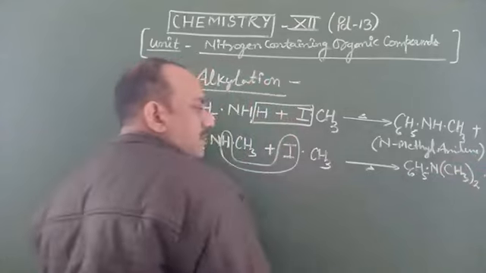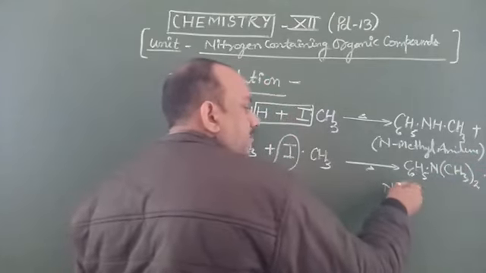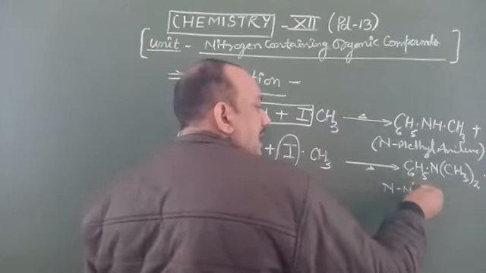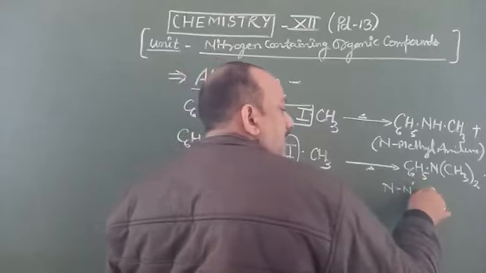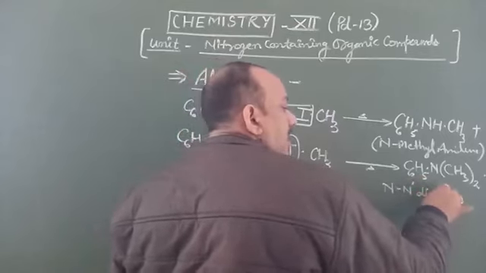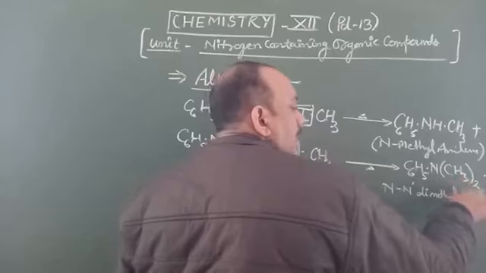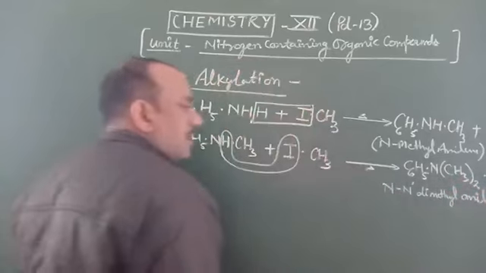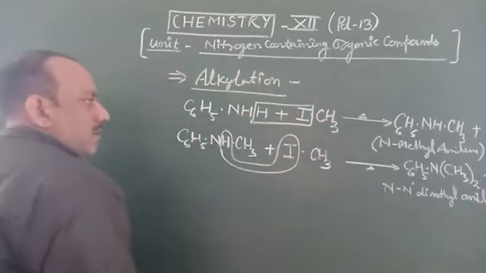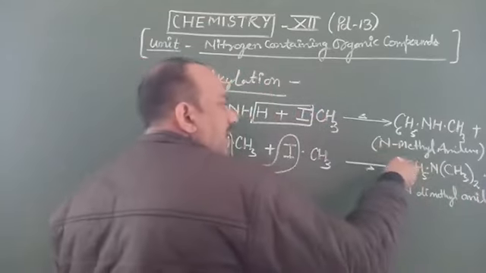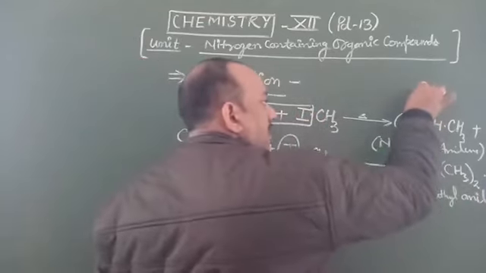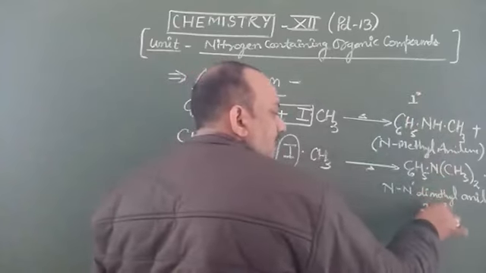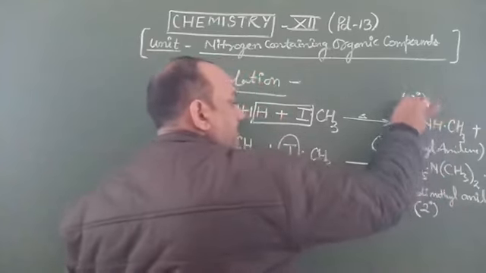It is known as N,N-dimethyl aniline. So this one is known as a 1 degree type of amine, and this one is known as a 2 degree type of amine.